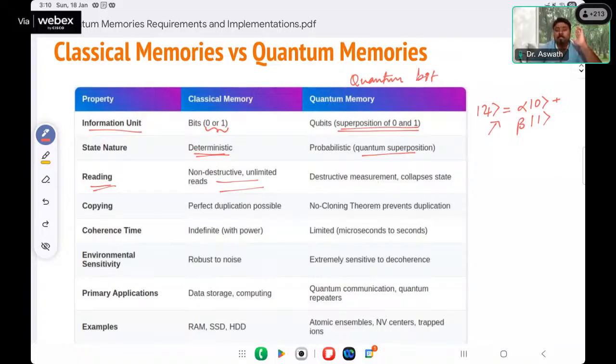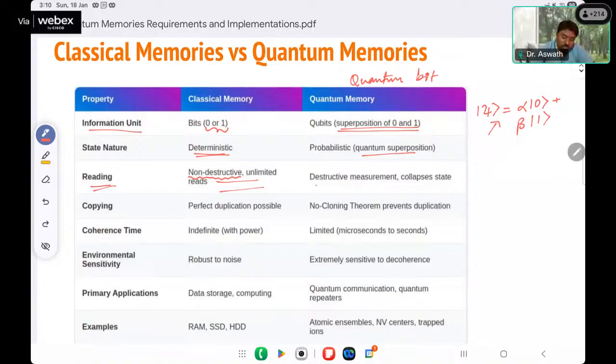I can retrieve the information stored in classical memory. So it is a non-destructive measurement. Without losing the essence or the nature of the classical memory, I can retrieve the information.